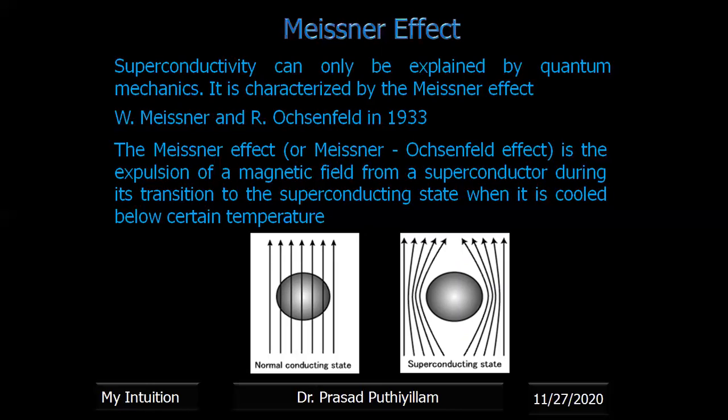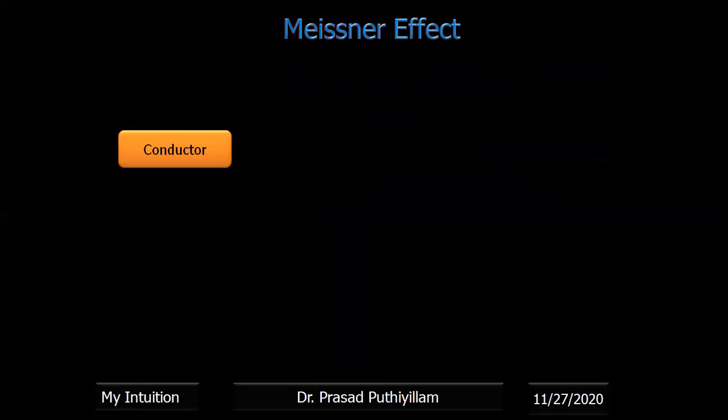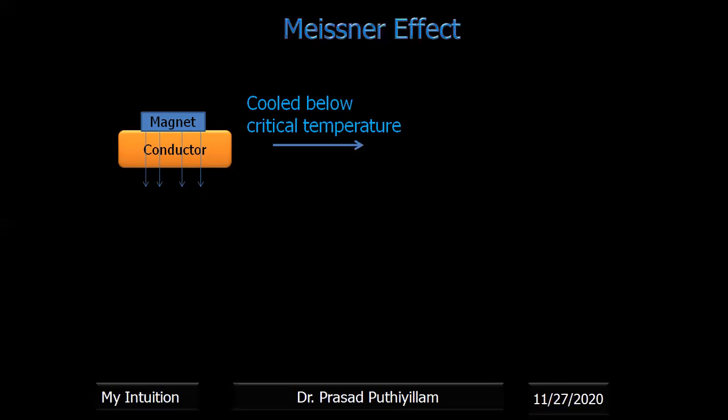If I represent it schematically, an ordinary material which is not a superconductor has a magnet kept over it, and this material is capable of becoming a superconductor when it is cooled. Here you can see that the magnetic field penetrates through the material, whereas when it is cooled below a critical temperature, it becomes a superconductor.